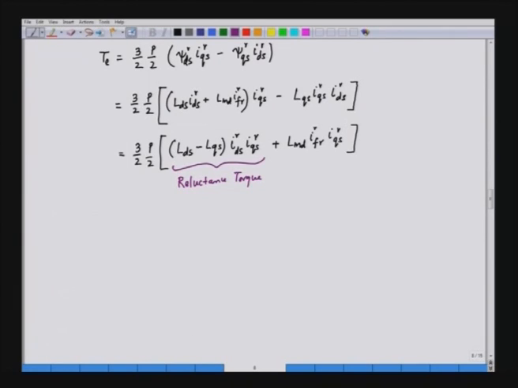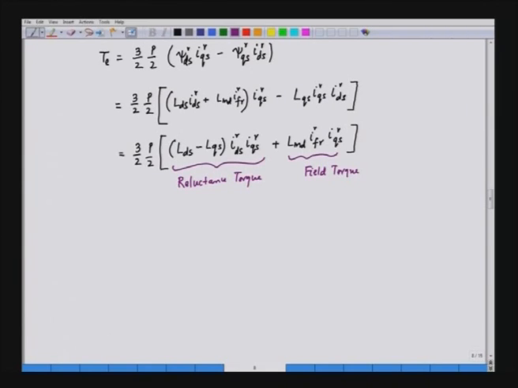And what about the next part? This next part is called the field torque. This is present because of the field winding equivalent current, that is IFR. IFR is the equivalent current of the field winding because of the permanent magnet. So, this is the equation for the torque.